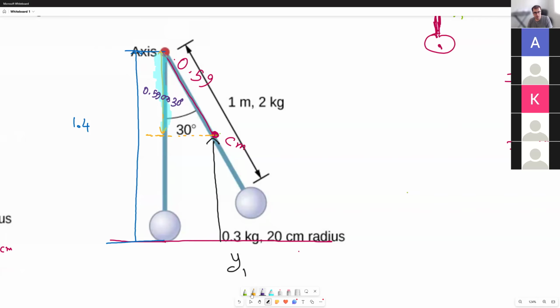So then can I write down y1 equals 1.4 minus 0.59 cos 30 degrees? Can I do that? Mohit, can I do that?